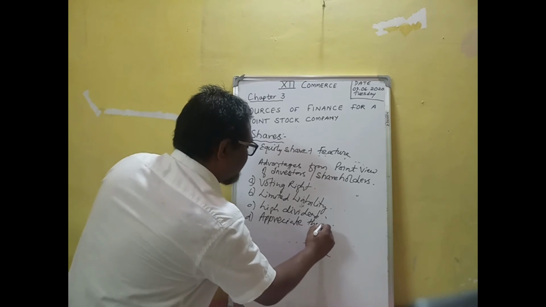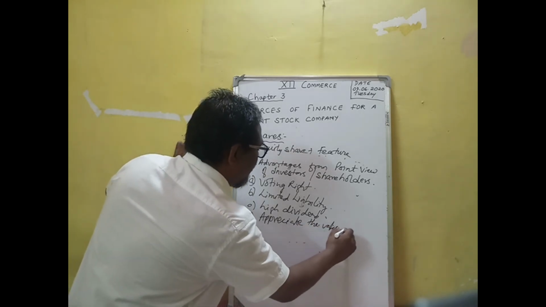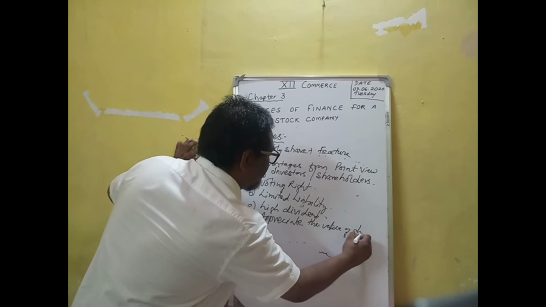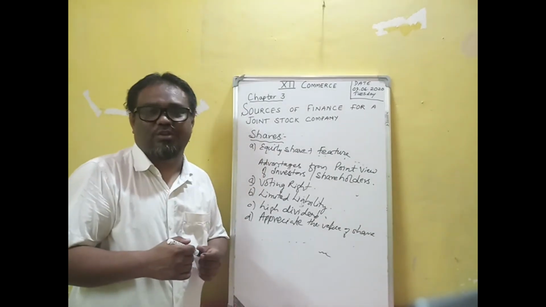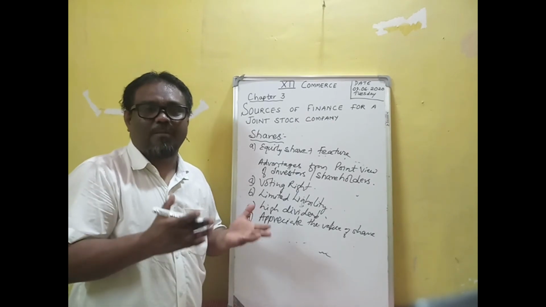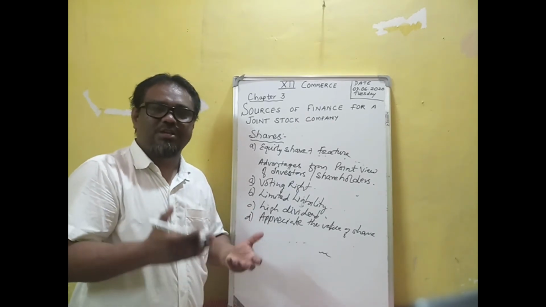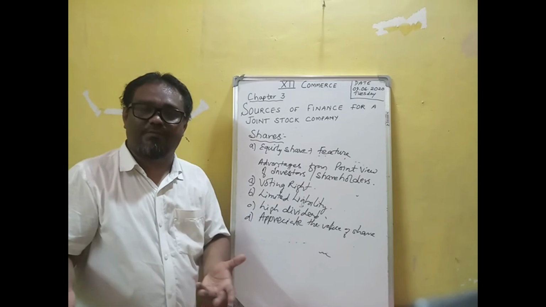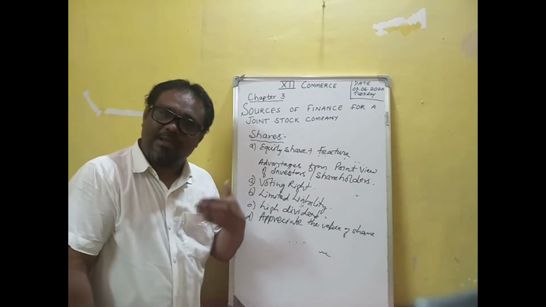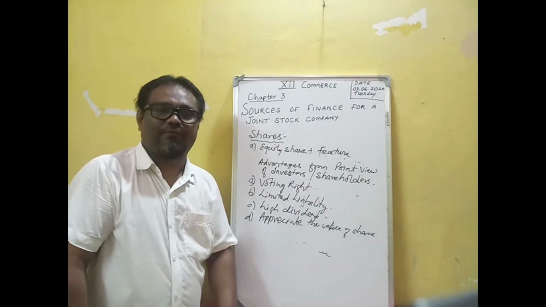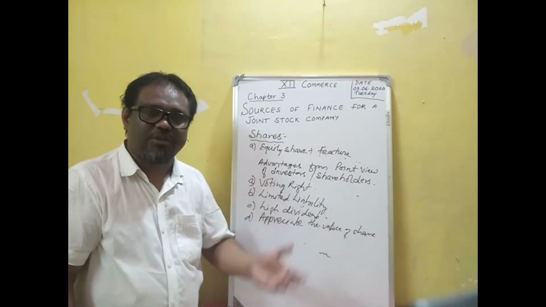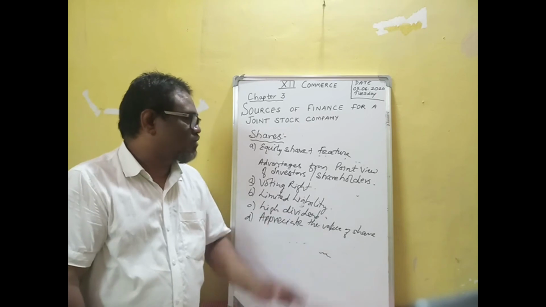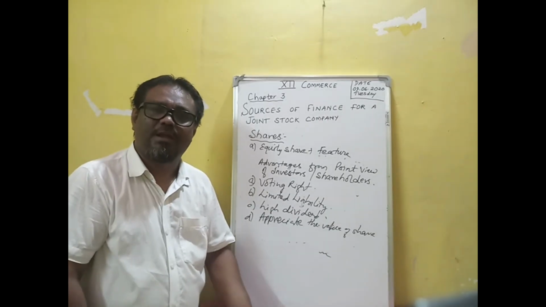When the company is doing good, the value of the shares also appreciates. Suppose a person has purchased a 50 rupees share, it may go up to 70, 80, 100, 150. So there will be a capital gain for the shareholders. These are the advantages of equity shares.